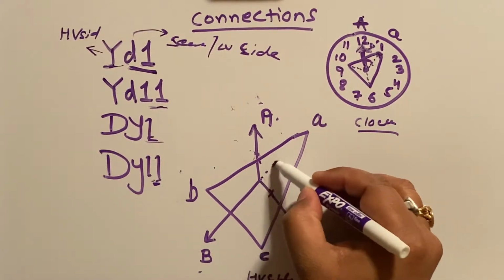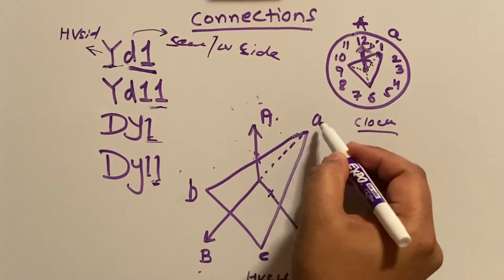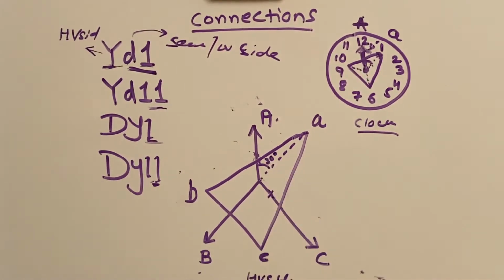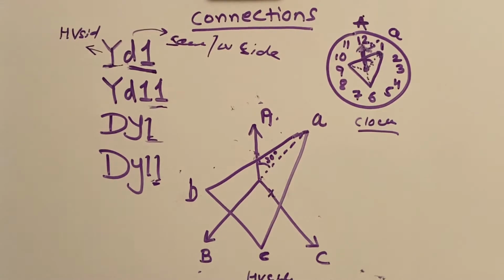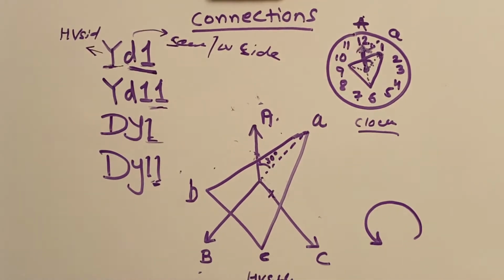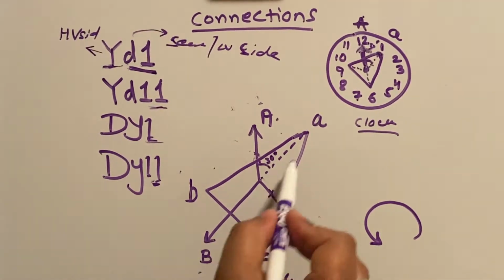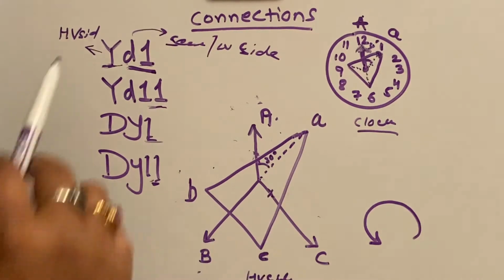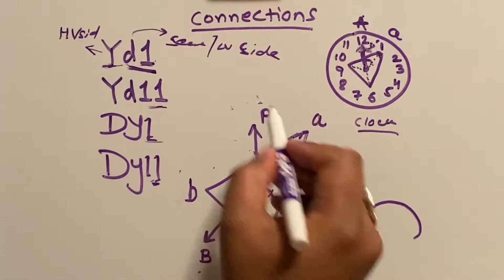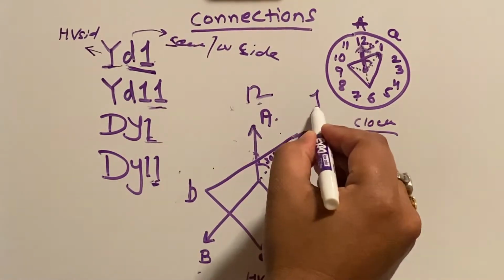If you see this reference point A and small a, they are 30 degrees apart. Generally, the phase rotation is always anti-clockwise. So this is the vector diagram you will get for YD1: Y, D is at the 1 position, A is at 12, small a at 1 position.